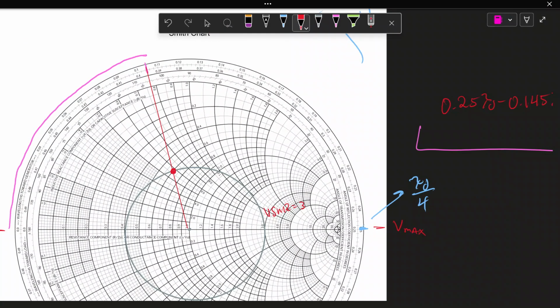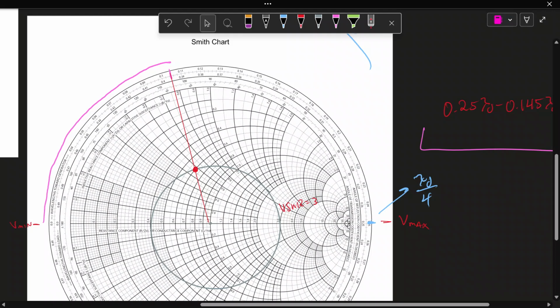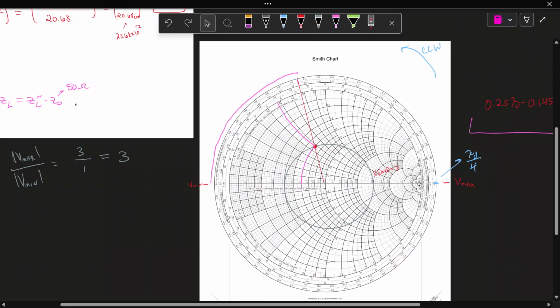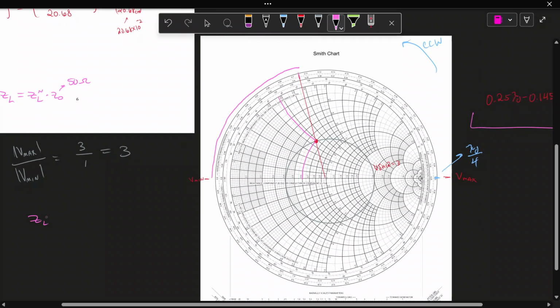Okay, so now what we do is we find our normalized load impedance. So we can draw lines here, which is about 0.6. And we notice this one here is about 0.58. So we have the normalized load impedance.